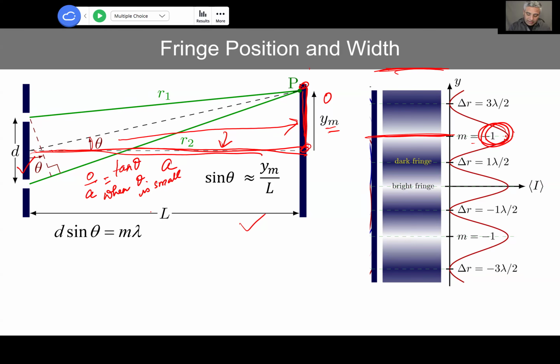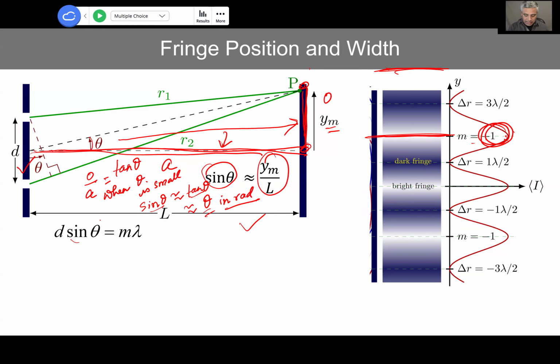So in that case, sine theta is nearly equal to tangent theta. This is also called the small angle approximation. So we can write sine theta very close to tangent theta, which is also very close to theta, and it has to be in radians. Okay, theta has to be in radians. So that's why I'm writing sine theta is y_m over L. Why am I writing sine theta?